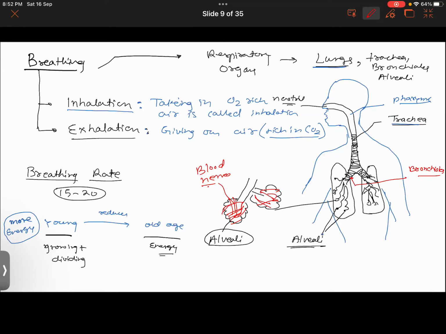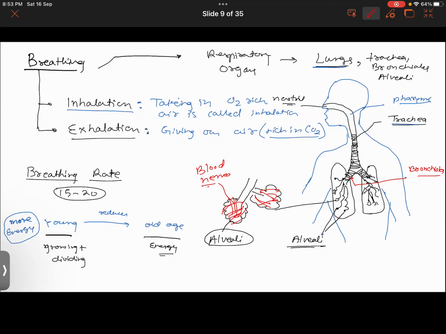Can you name which organs are part of the respiratory system? Which organs are involved in respiration? The lungs, good. The esophagus is the food pipe, it has got nothing to do with respiration.